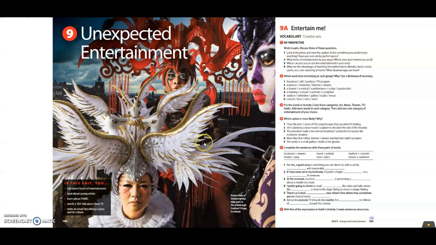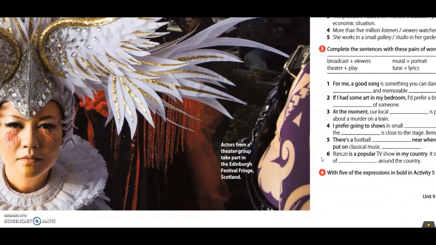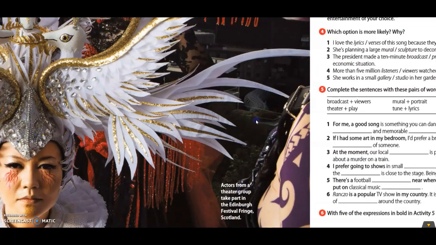As we see here on the cover, we can observe 3 different people using very unusual costumes, and these actors are from a theater group that takes part in the Edinburgh Festival Fringe in Scotland.